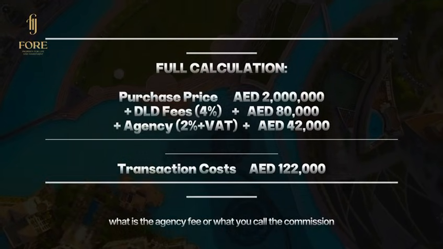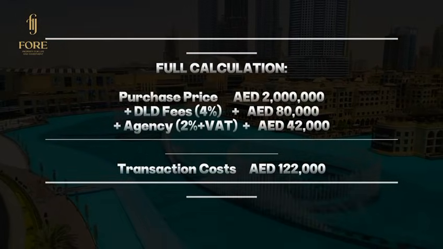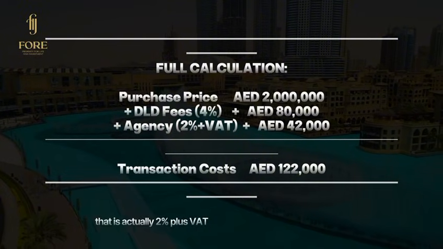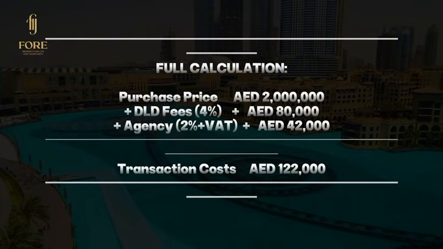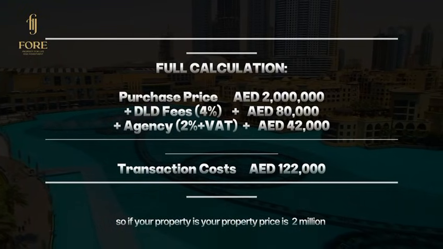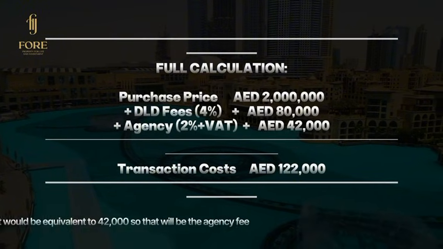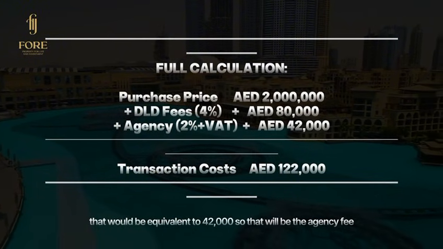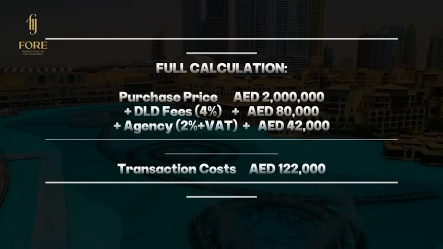What is the agency fee, or the commission? That is 2% plus VAT. If your property price is 2 million, that would be equivalent to 42,000. So that will be the agency fee.